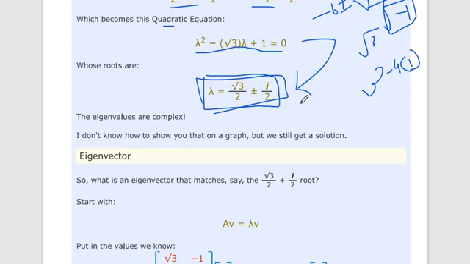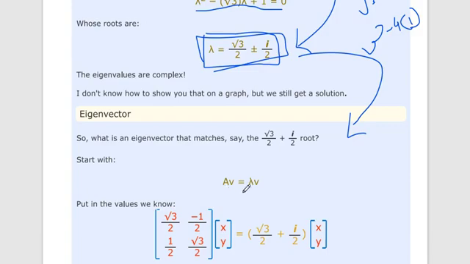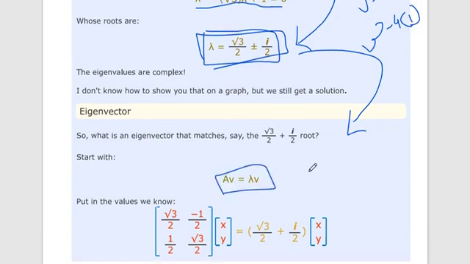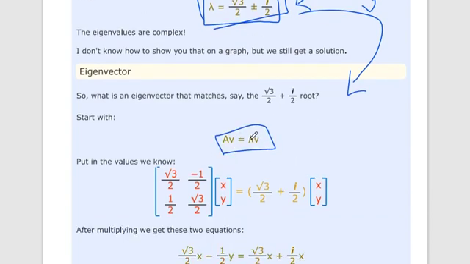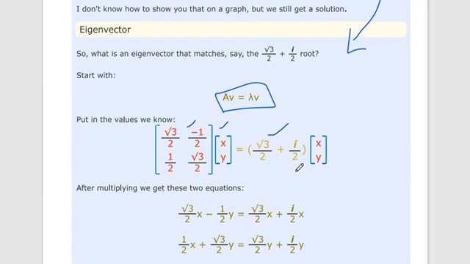So now we have to find the eigenvector. The equation is Av equals lambda v. We put the value of lambda, and take v as x, y.